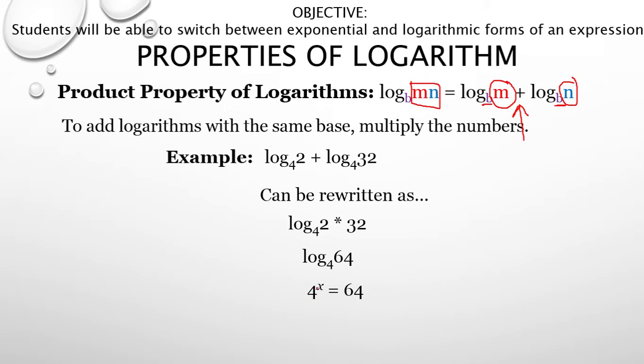So we have 4 to the x power equals 64. And you are going to notice that 4 to the 3rd power is equal to 64. So that means x is equal to 3. Later on, I will show you how to enter this part right here into the calculator.